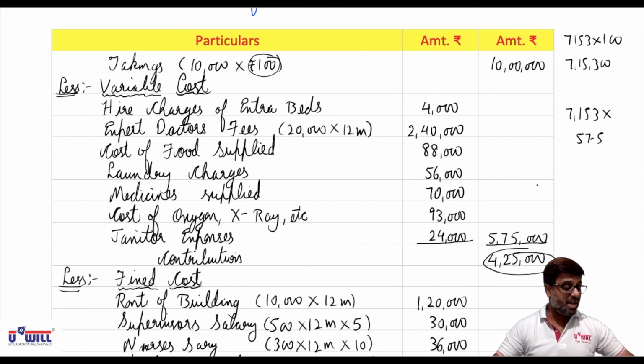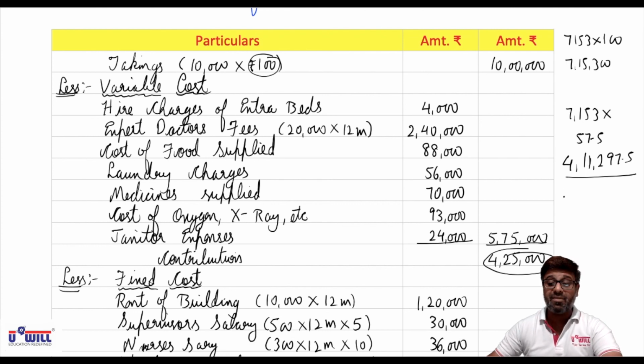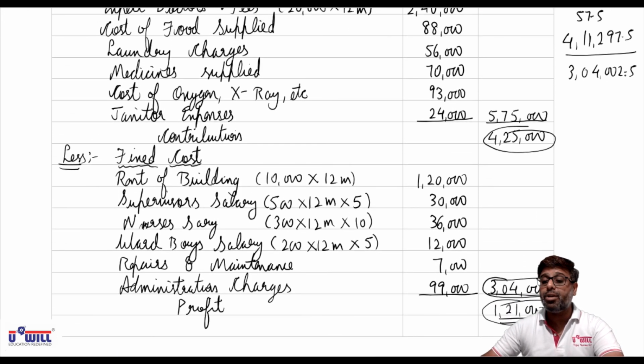It comes to approximately 4,11,297.5. Subtracting that from 7,15,300 gives approximately 3,04,002.5, which is roughly 3,04,000, with the difference due to rounding off.